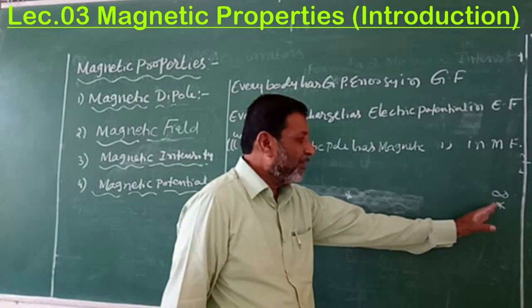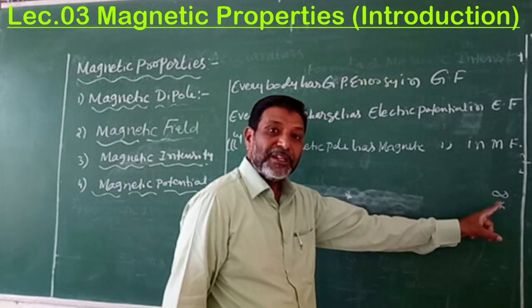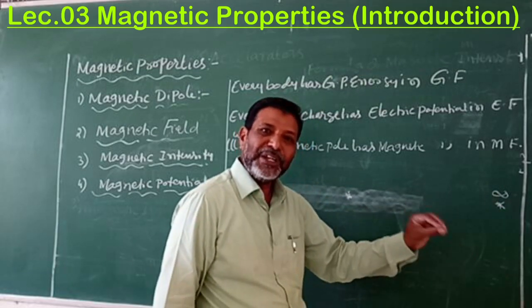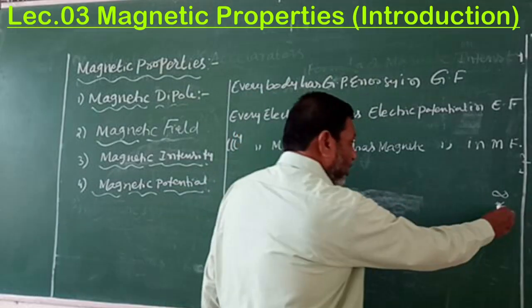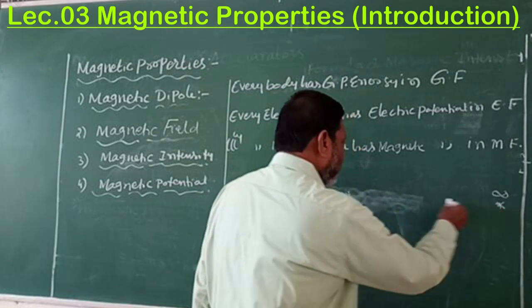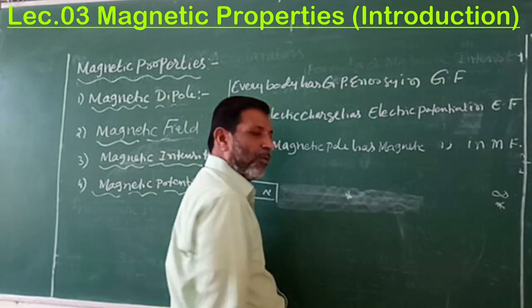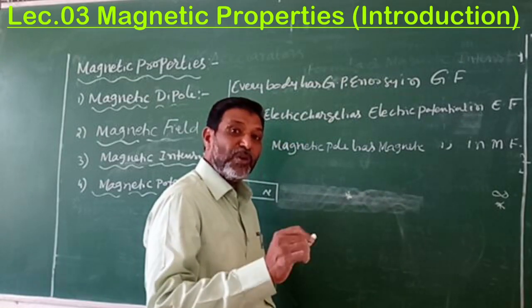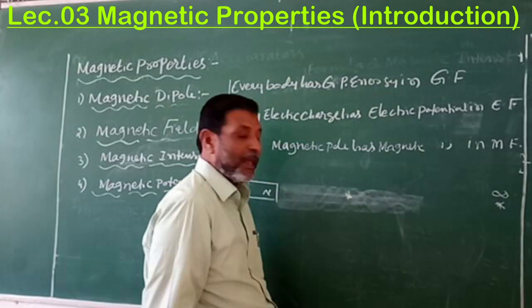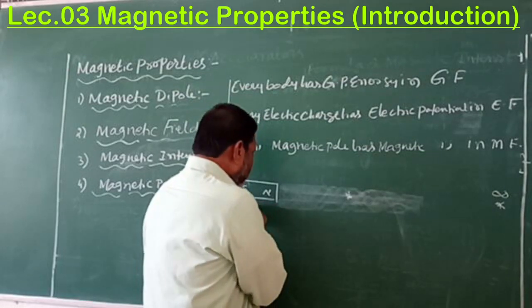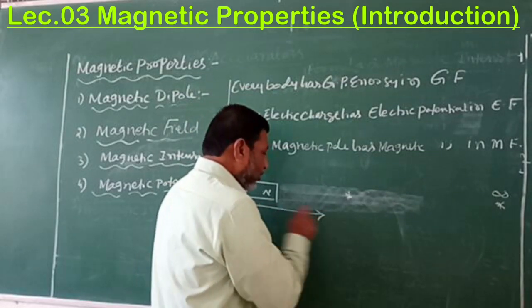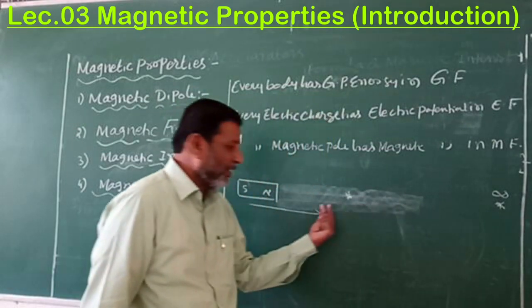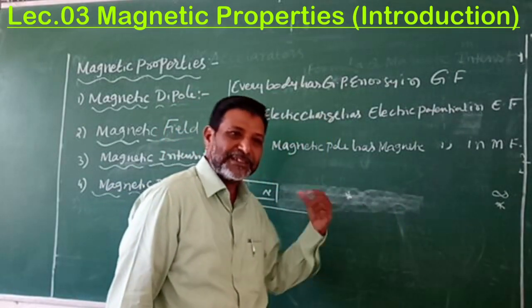That point where the magnetic field is zero is taken as the point of infinity. Then, whatever amount of work has to be done to bring a unit north pole from here to here is known as the magnetic potential. Against the field means that if the magnetic field is in this direction, you are bringing it opposite to that.